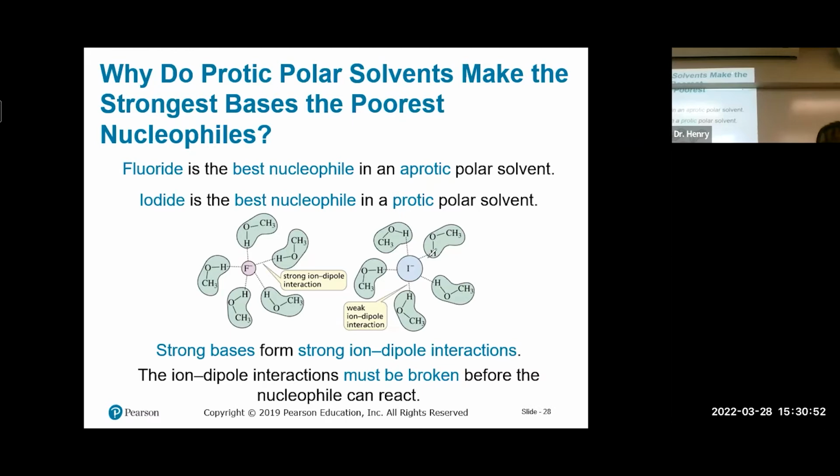The nuclear effectiveness is going to be significantly less compared to that of the fluoride. In other words, the positive charges from the nucleus are going to be pulling more in this case than in this case.